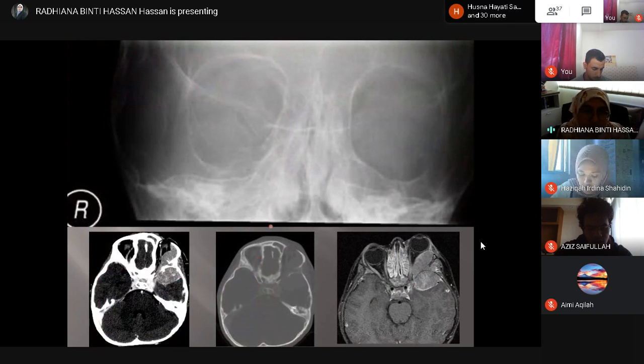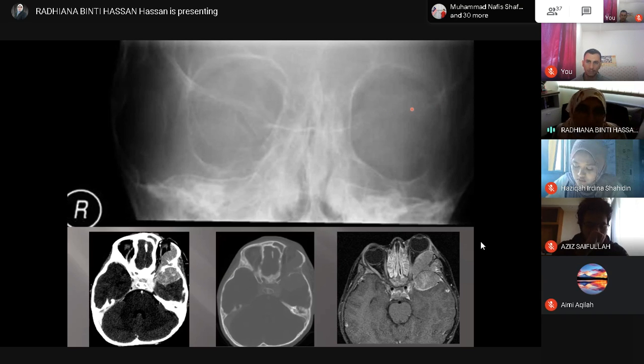So the other one, as I mentioned before, you always compare one side to the other side. This one is actually a skull radiograph PA view. I just cut and focus at the orbital region to show you that this one, you can see one part of the bones shadow here where you cannot see on the other side.